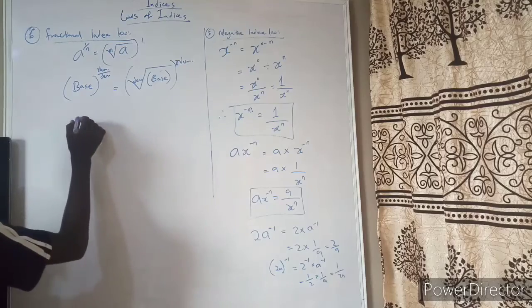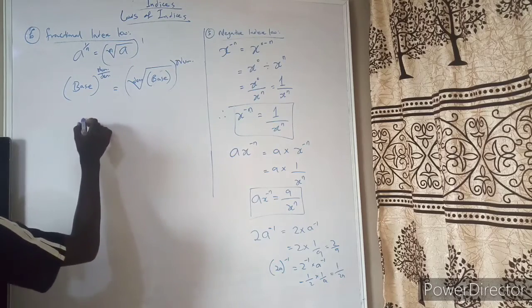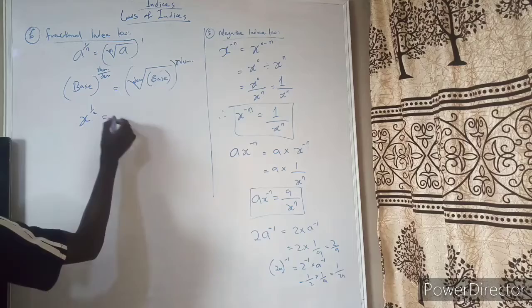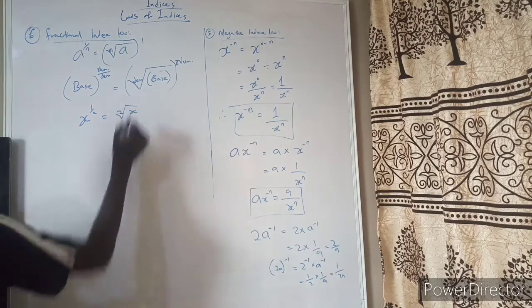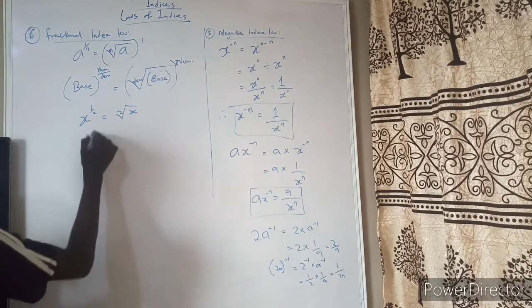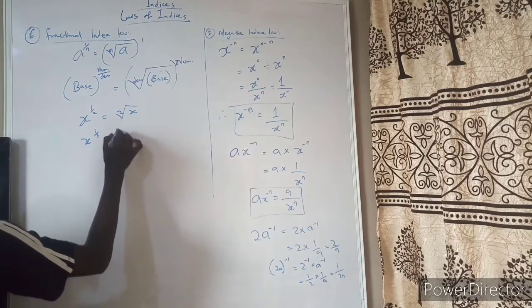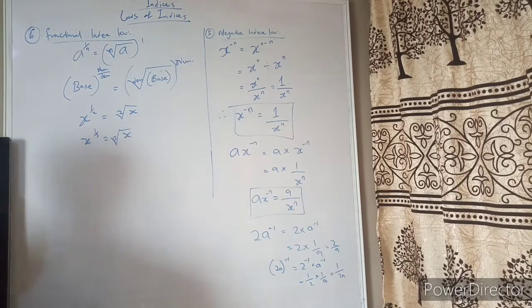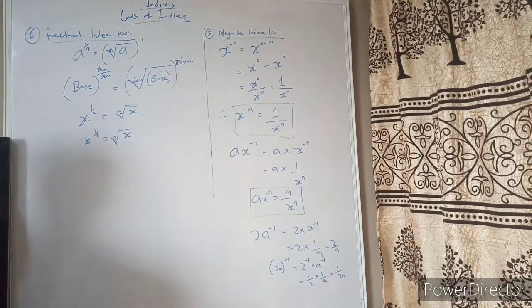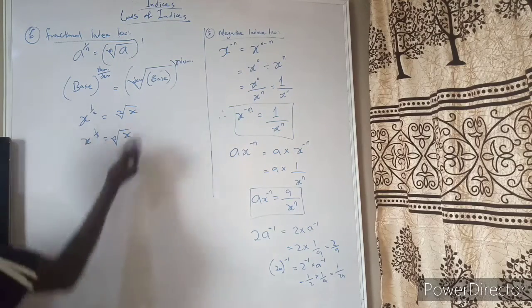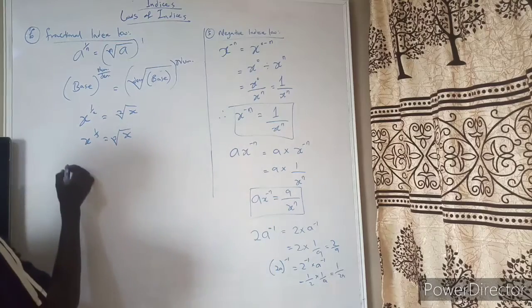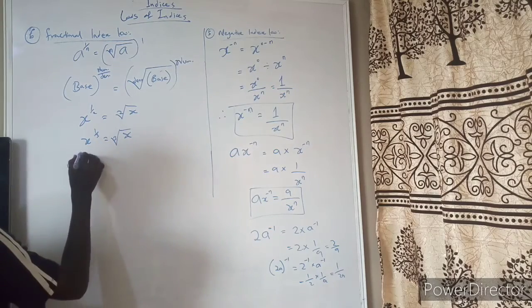Okay, so the example I will use again is this: x raised by 1 over 2 is equal to the square root of x. x raised by 1 over 3 is equal to the cube root of x. They are raised by 1, so it does not matter, since x raised by 1 is still the same thing. So what if we are now given a raised by m over n?